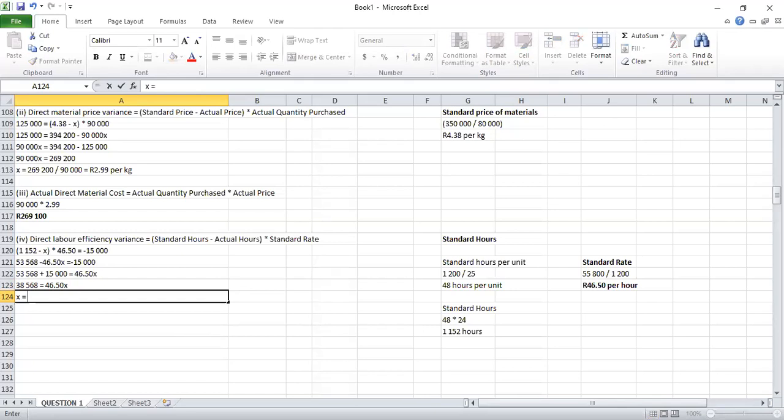Which means our X would be equal to... I think it's plus 15,000. So it's 68,568, not 38,568.